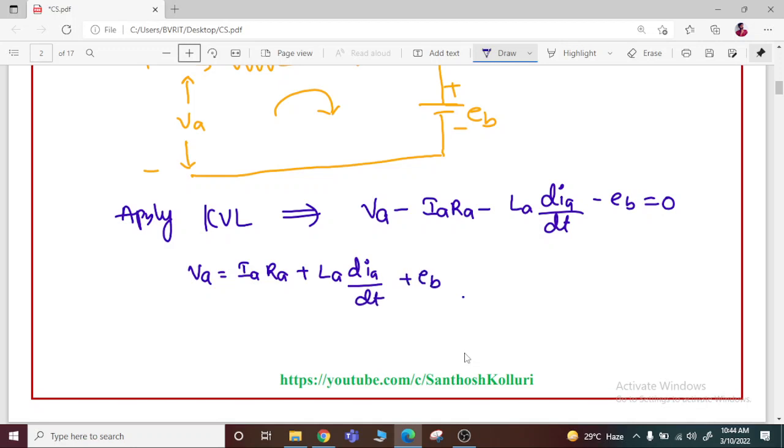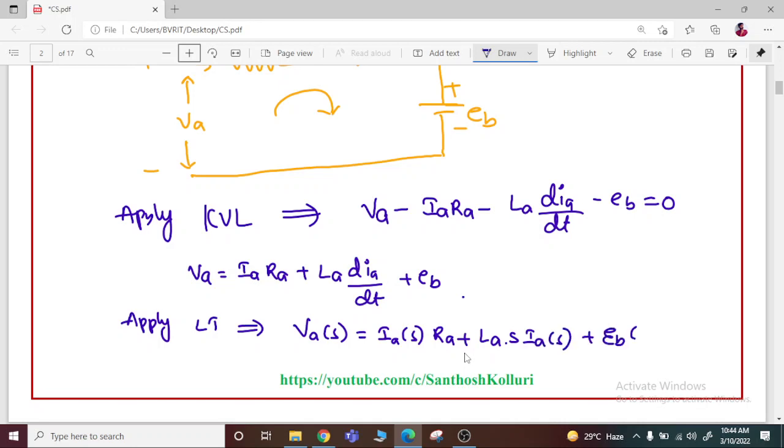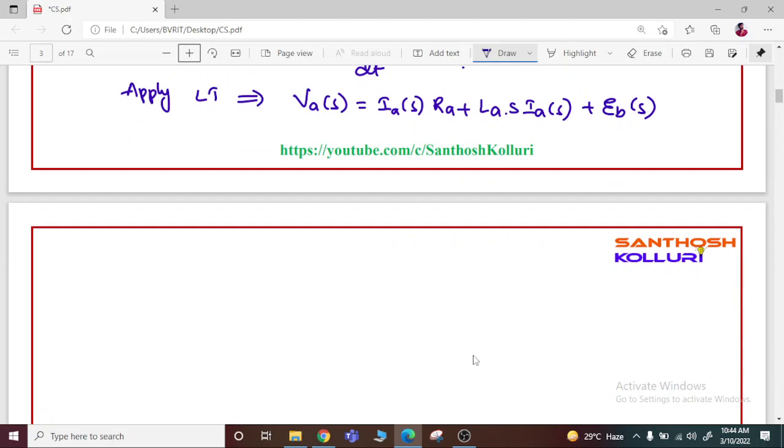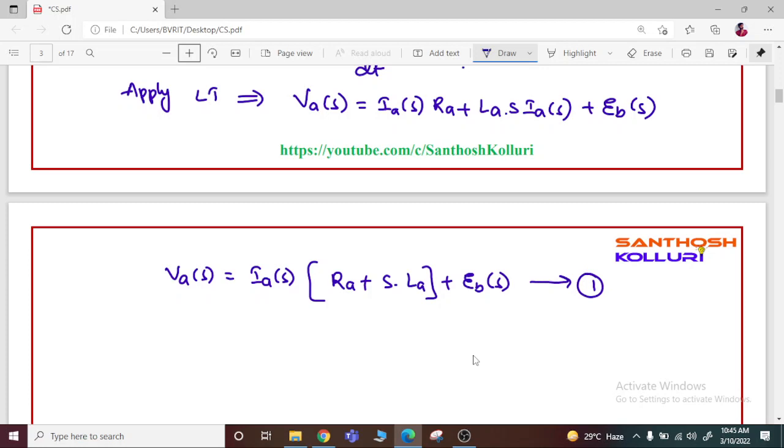If I apply Laplace transform here, then this equation will become VA of S is equal to IA of S into RA plus LA into S into IA of S plus EB of S. So I can take IA of S as common, then VA of S is equal to IA of S into (RA plus S into LA) plus EB of S. So this is the main equation, equation number 1.